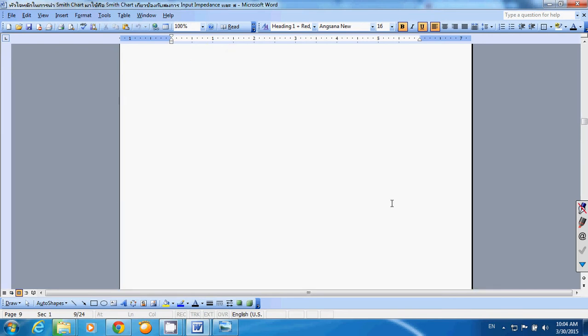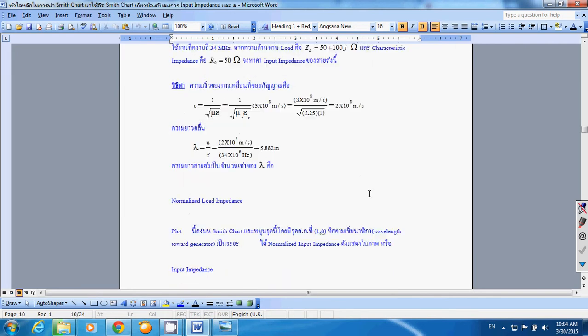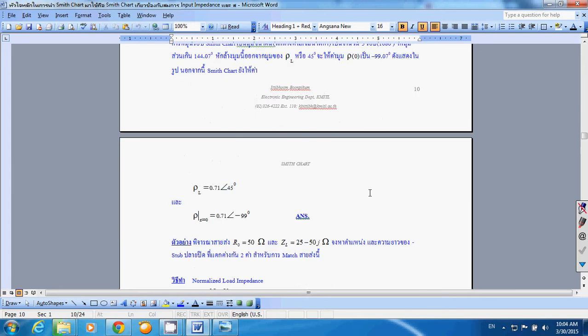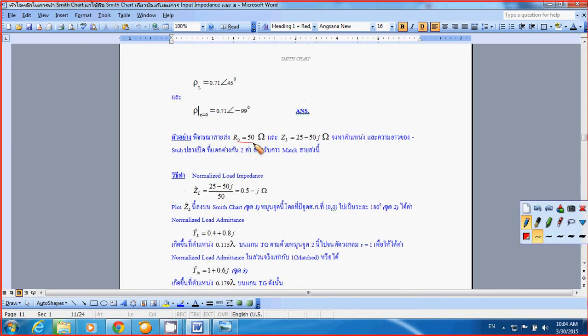So let's start with the system that has the characteristic impedance to be R0 here, and your load impedance is 25 minus 50j ohms, and you know exactly that your ZL is not equal to R0.